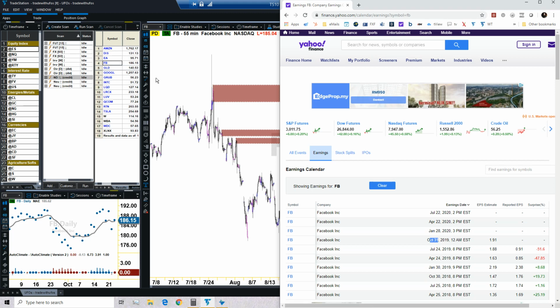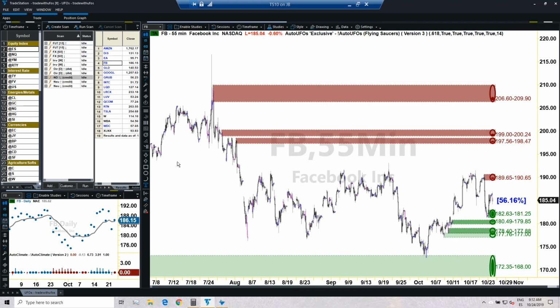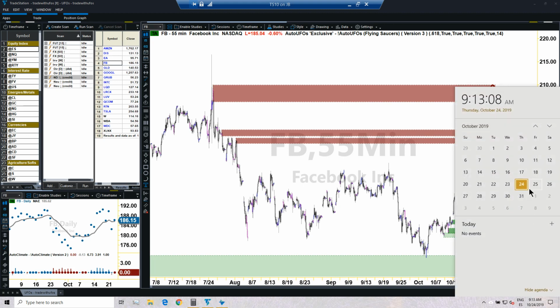Now, Facebook is almost a $200 per share stock, where EA is $95 per share. With Facebook, what we could try, which most of the time would not work but if it does is really worth it, is to use an expiration date, I meant to say, of tomorrow the 25th, instead of November 1st.